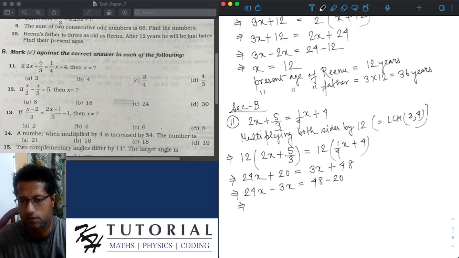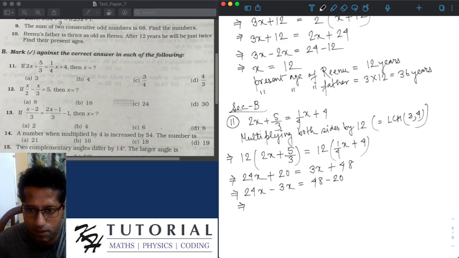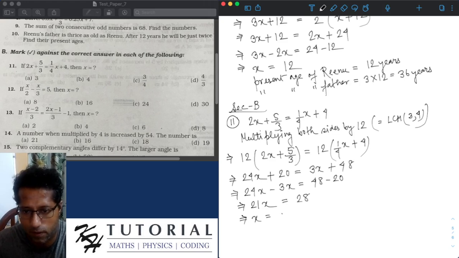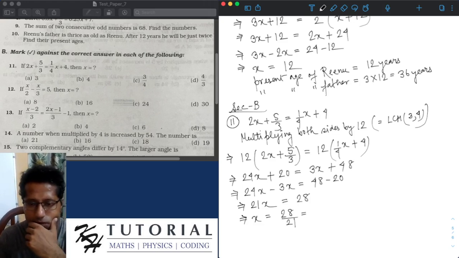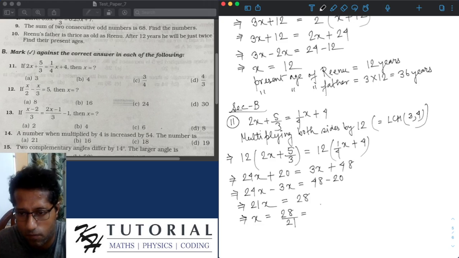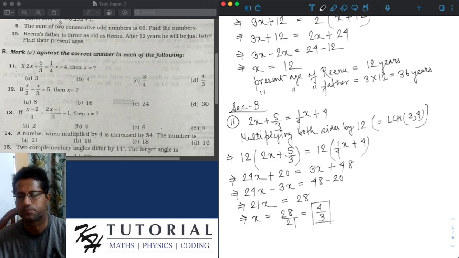Now further simplifying, 24x minus 3x is 21x equals 48 minus 20 is 28. This implies x equals 28 divided by 21. After cancellation, further reducing this rational number, we get 4 by 3. So x is 4 by 3.